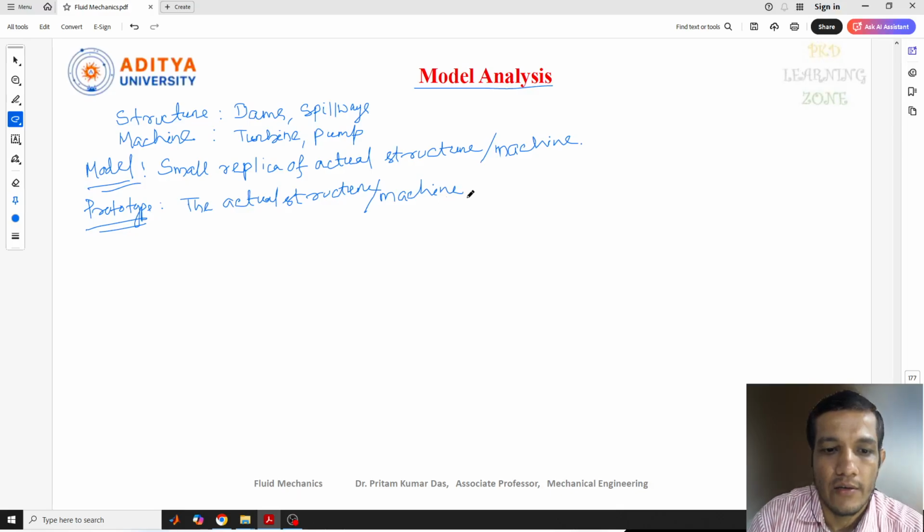If you want to understand the difference between the model and the prototype more, we can take a small example. Suppose we are going to design a car, and before manufacturing a car, we need to do some kind of analysis. First of all, we need to do some design, and after designing we need to create some kind of model.